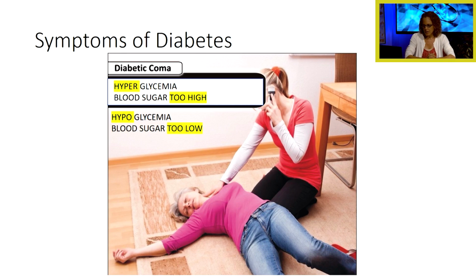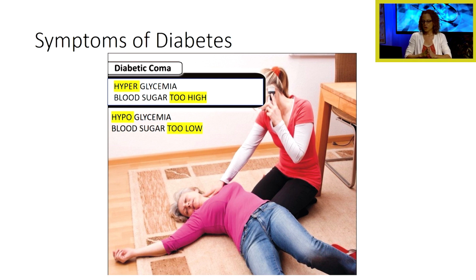Diabetic coma, okay, in a severe state of problems with our glucose regulation. What we see here is hyperglycemia, when blood sugar is too high, or when hypoglycemia occurs and blood sugar is too low, okay? So remember, we talked about homeostasis.